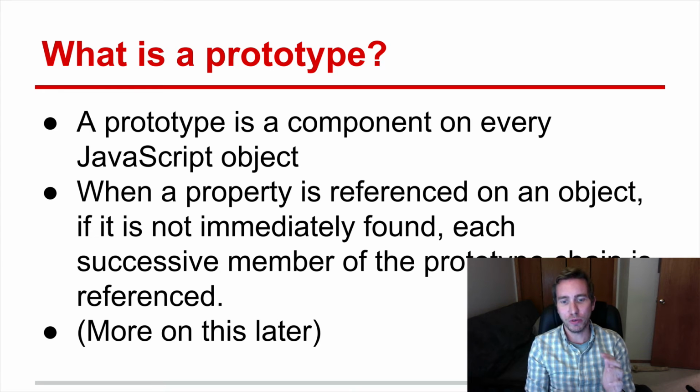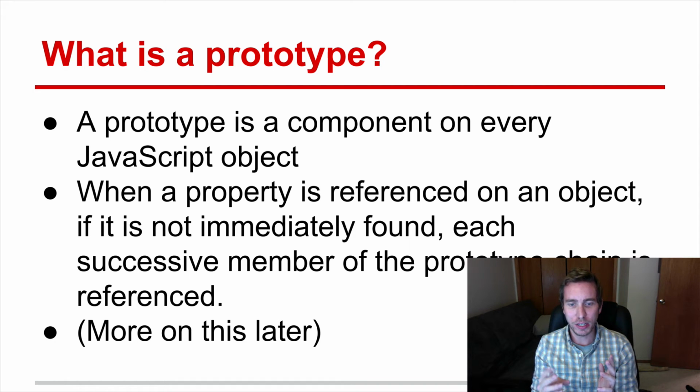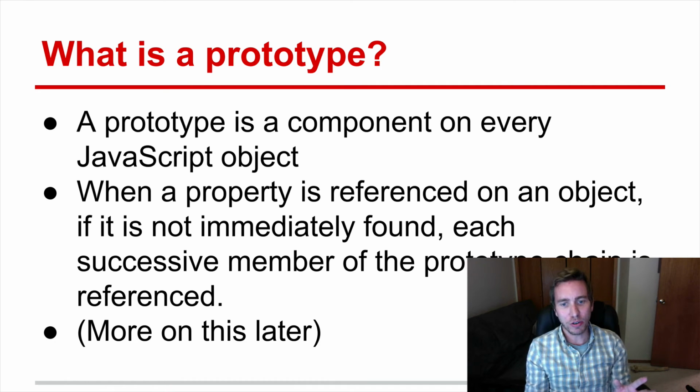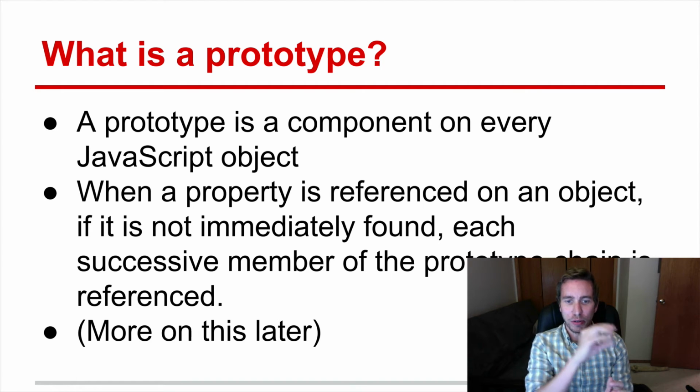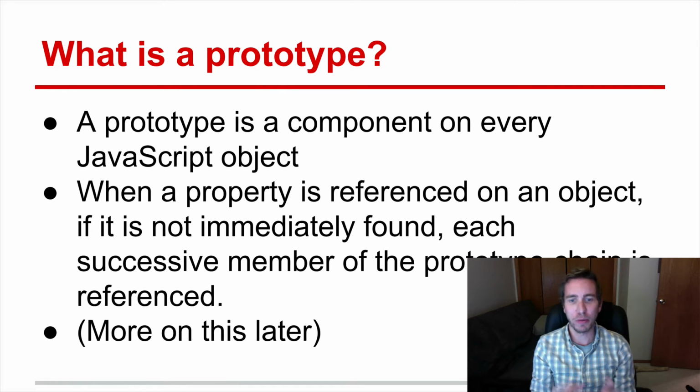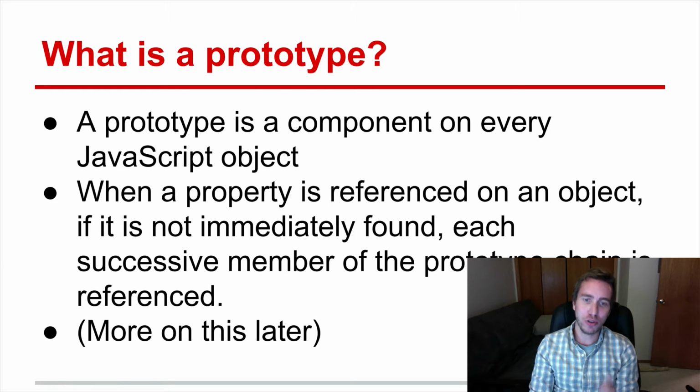So again, if you said call toString on some new object that you created, and you hadn't created a toString function of your own, it would look into the prototype, it would find that there is the object's version of toString, and it would use that instead. So when a property is referenced, as I mentioned on the slide, if it's not immediately found, each successive member of the prototype chain is referenced. And I'll show you this in an example so it's very, very clear.